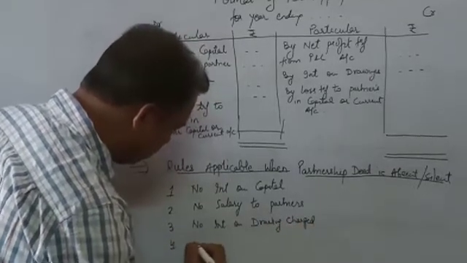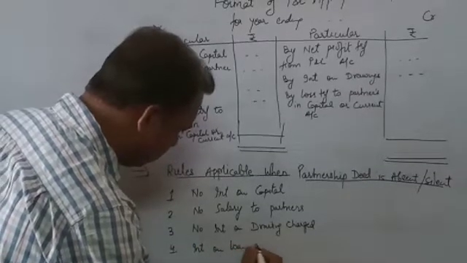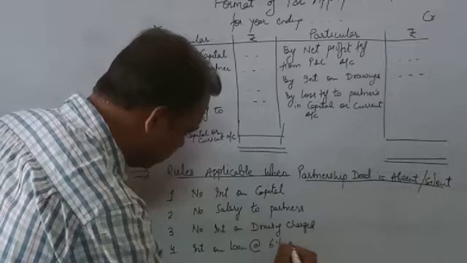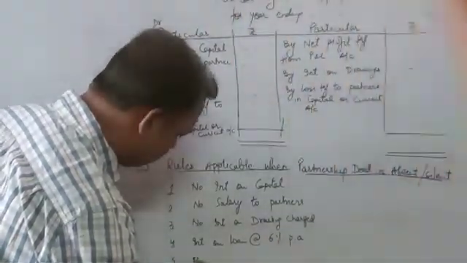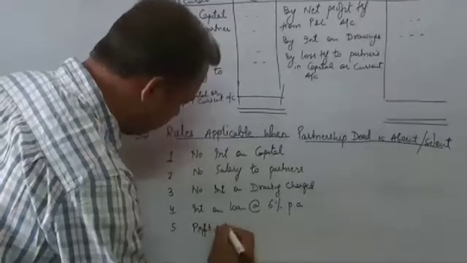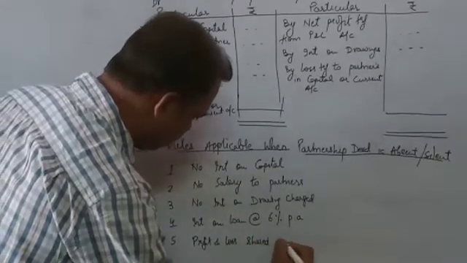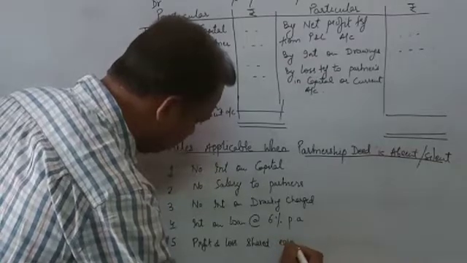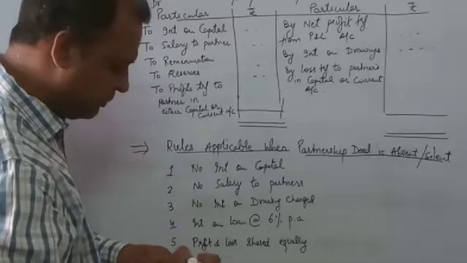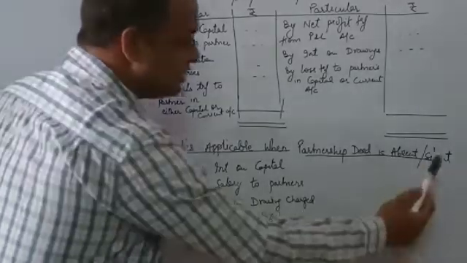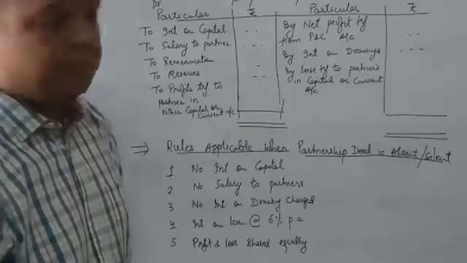Fourth, interest on loan at the rate of 6% per annum. And the fifth one is profit and loss shared among partners equally. Students, these are the 5 rules applicable when there is no partnership deed prepared or made among partners.